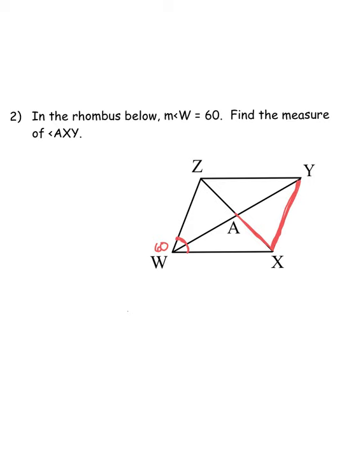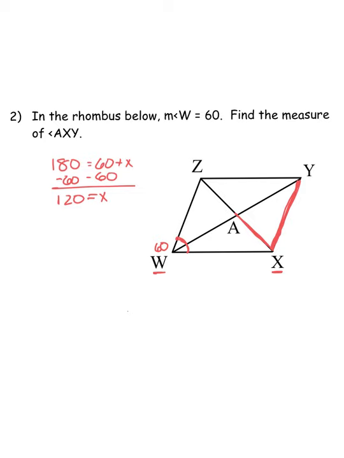The first thing we can say is that W plus X are next to each other. That means they're supplementary. So 180 is going to be 60 plus X. If I subtract 60 from both sides, I get 120 equals X. So the whole angle at X is 120.